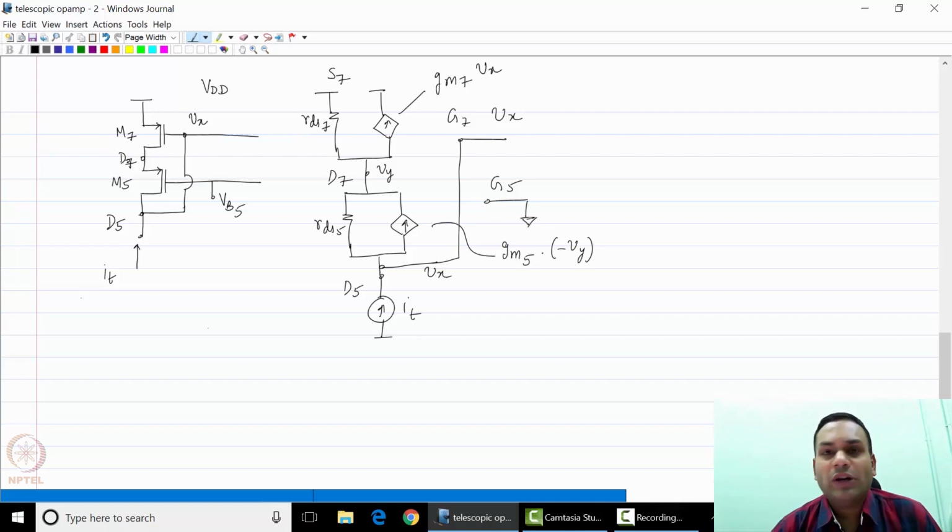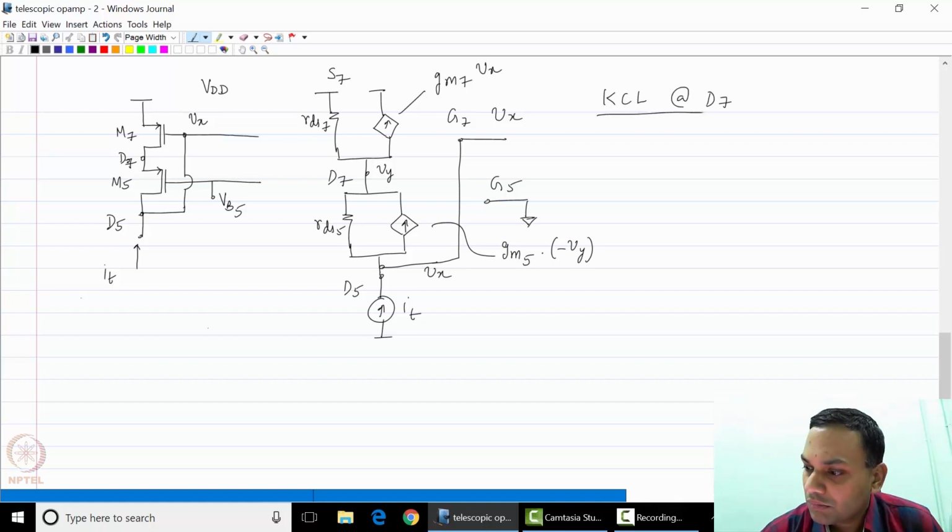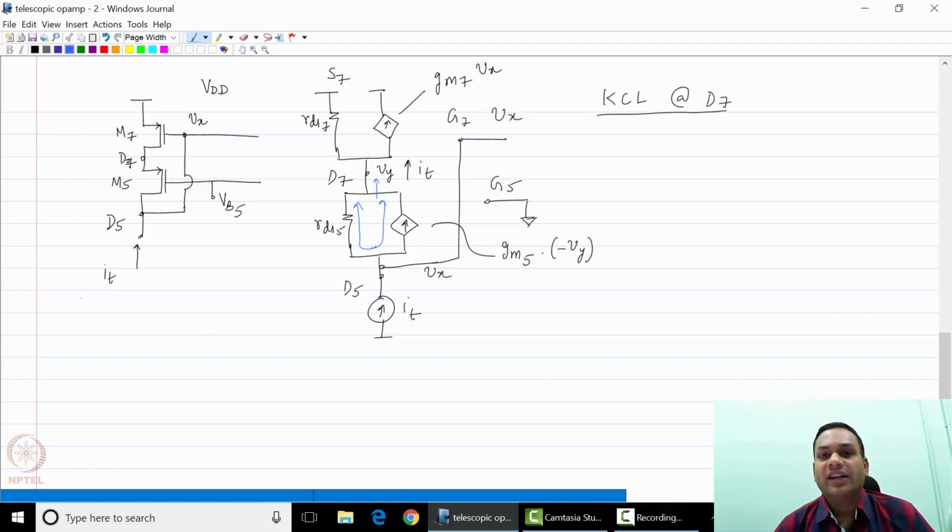Now if we apply KCL at node D7, we will find that the total current flowing up is again It, because the same current It splits into these two paths and combines to flow out into Vy.